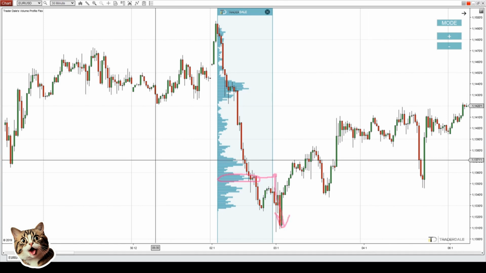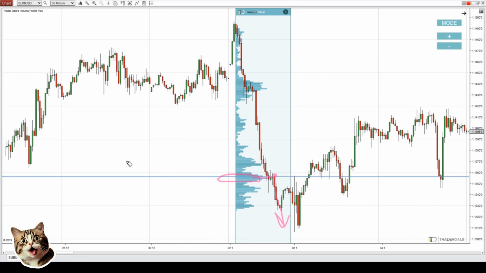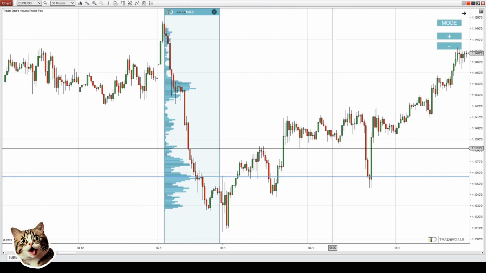By the way, this level was also strong support in the past. As you can see, in this general area the price reacted to the level. It was not exactly to the level, but it was a few pips above it, and I count that as a confluence. All right, so the first volume cluster would be a winner.